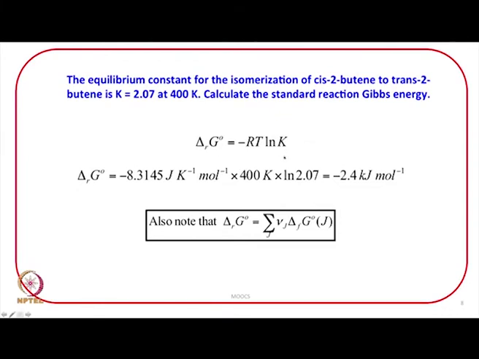So, eventually, if our goal is to get a higher value of K or a higher value of product, then we want a largely negative value of delta G naught. And in fact, in literature, if the free energies of formation in the standard state for the reactants and products are known, one can actually calculate the value of delta G naught and predict the value of K.